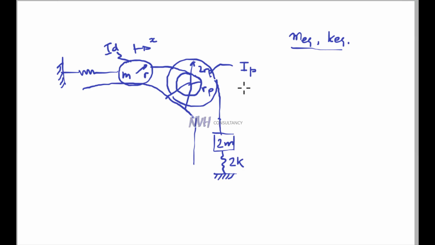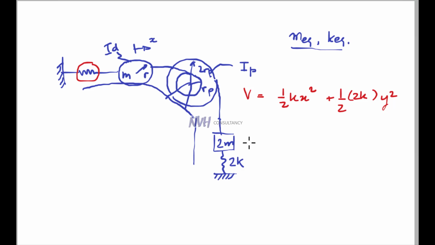So the potential energy V can be written as equal to half k x square, where x is the translational motion of this drum and the potential energy stored in this spring, plus half 2k y square.